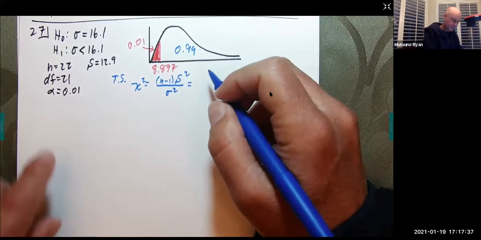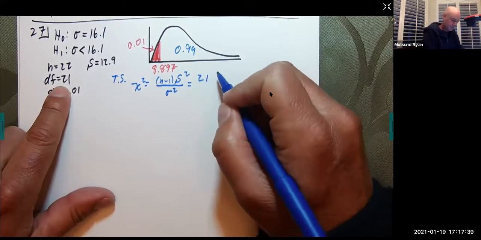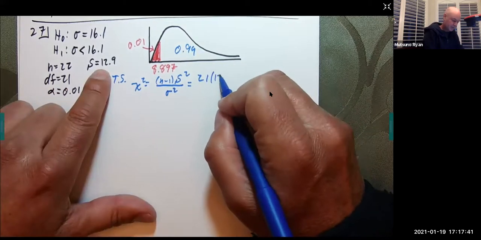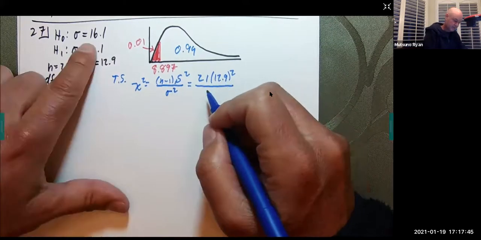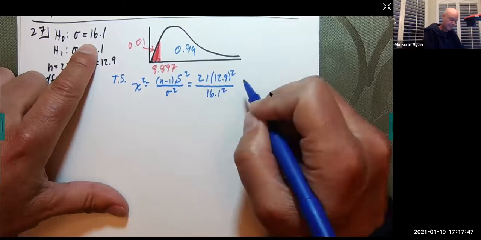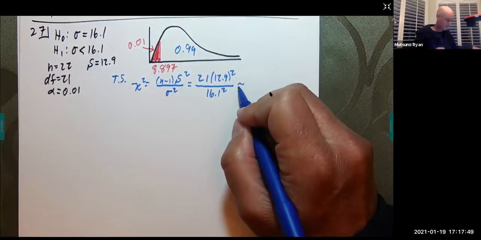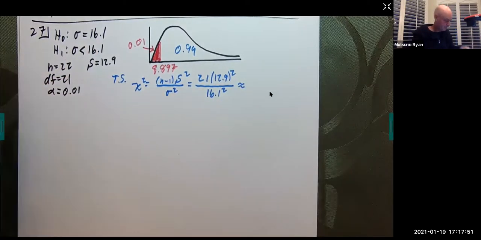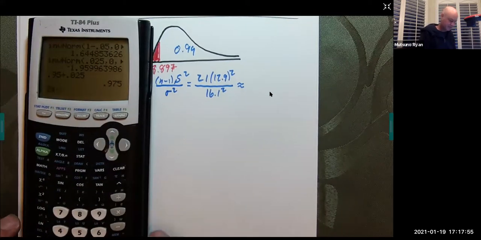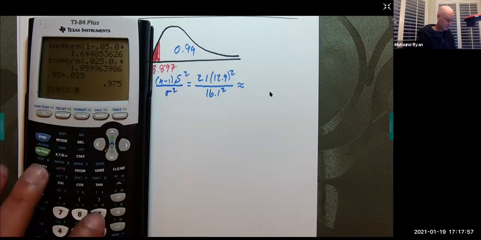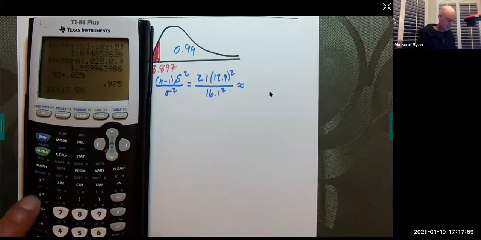So n-1 is here, 21 times 12.9 squared over 16.1 squared. So 21 times 12.9 squared divided by 16.1 squared.